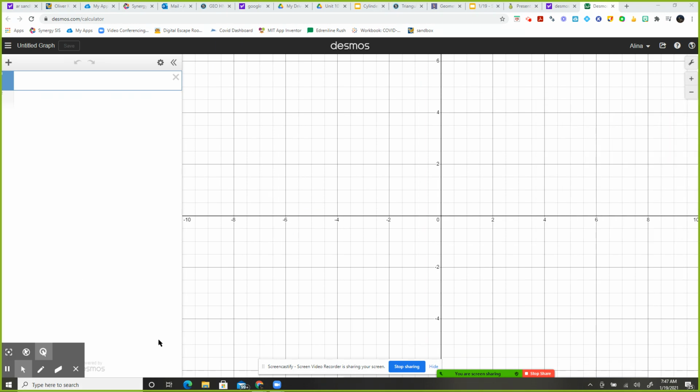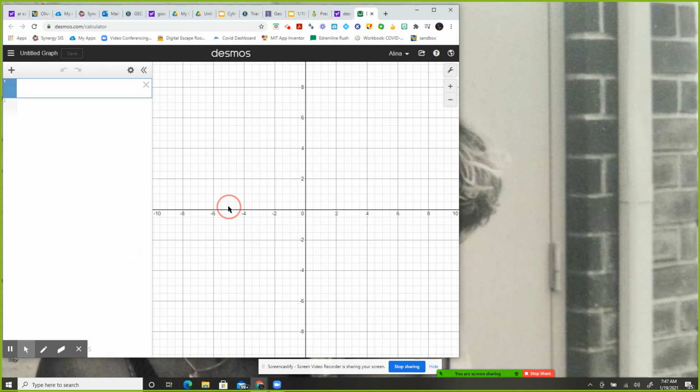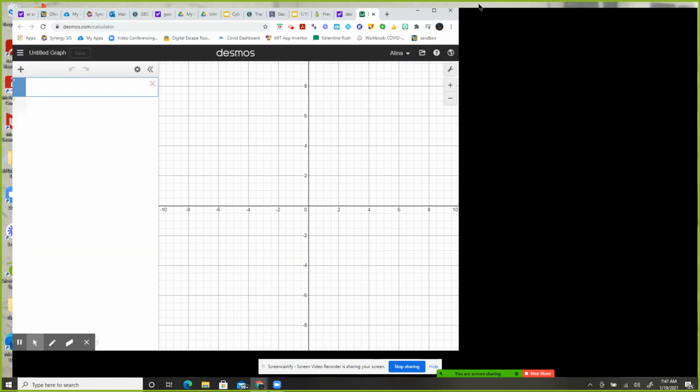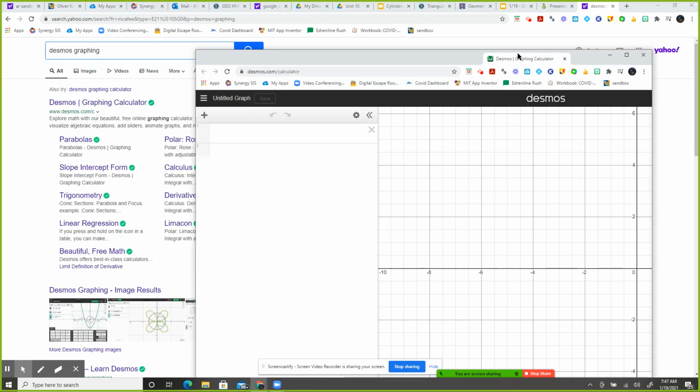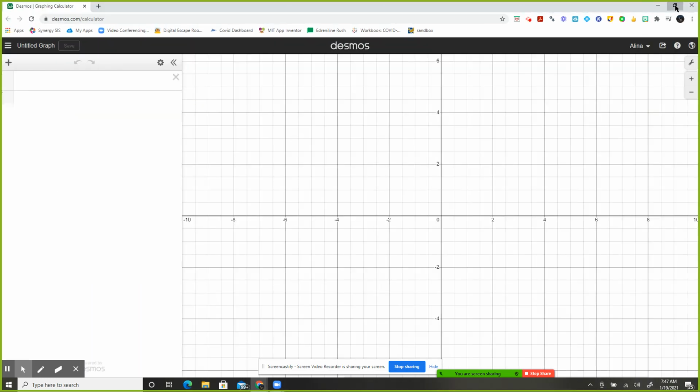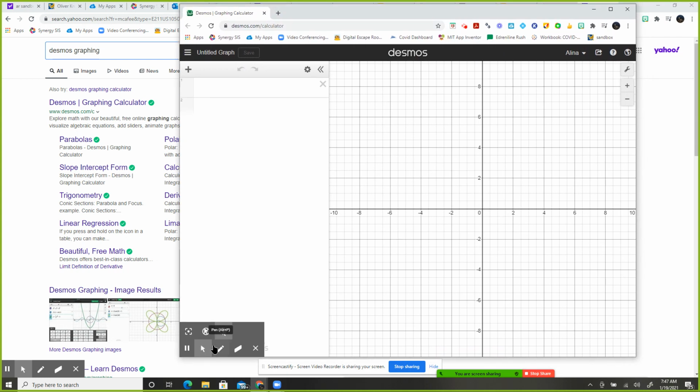And I think I have to minimize this because the toolbar hangs out underneath my Screencastify. Oh, but it's not gonna move. Sorry, I thought I had done this earlier.